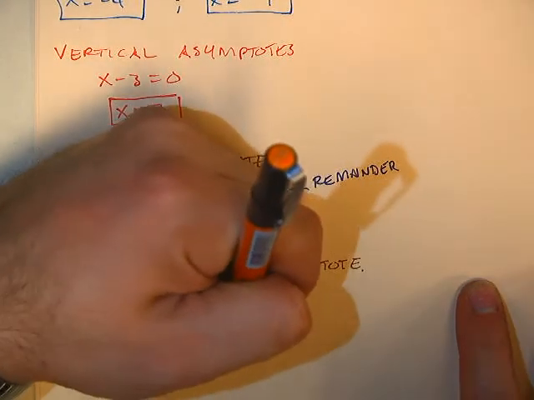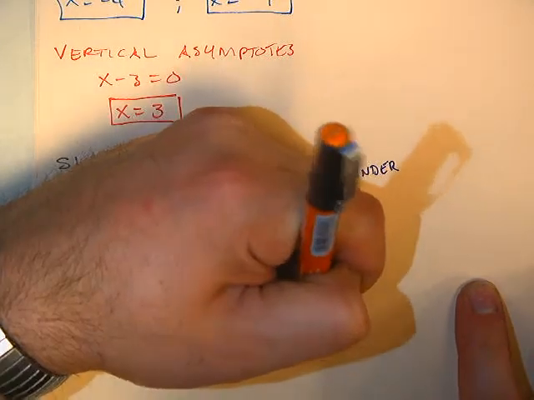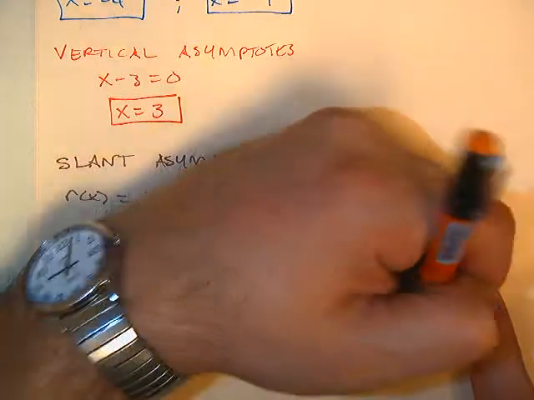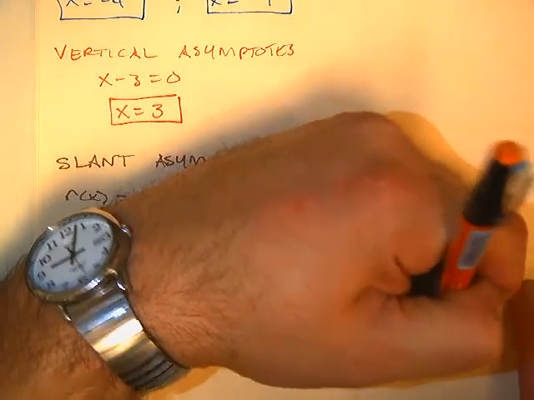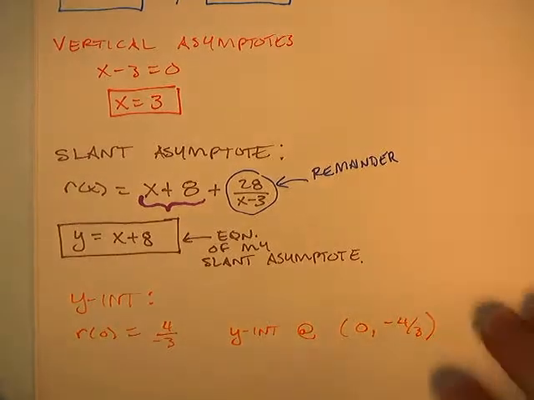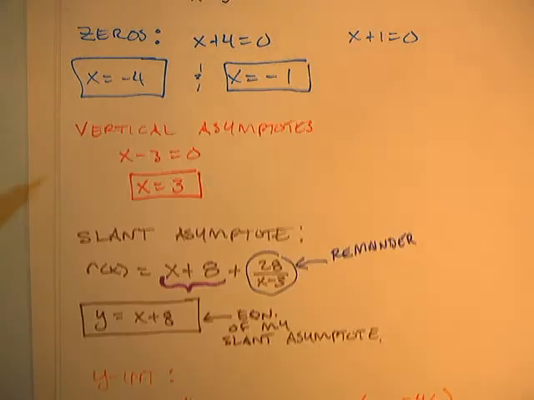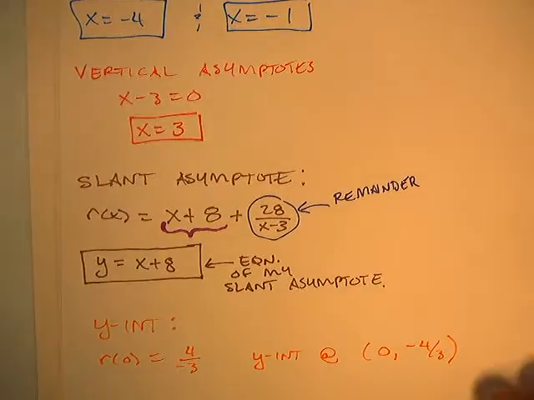So I have a y-intercept at 0, comma, negative 4/3, right there.